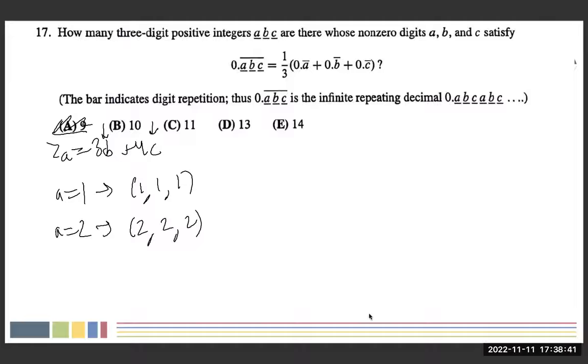The reason we can't do it with 1, 1, 1 or 2, 2, 2 is that if we tried to subtract 4 from 1, we would get -3, and here we would get 4, which isn't valid, because A, B, and C all have to be positive integer digits, ranging from 1 to 9.